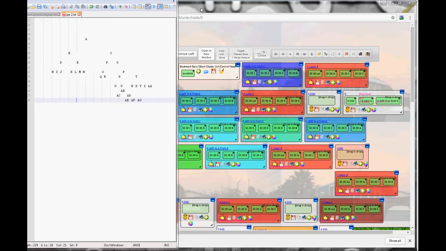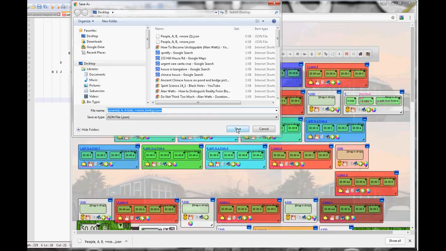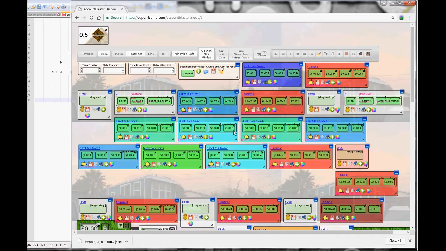I will demonstrate the saving procedure for these transaction thingy-majingers, and that's this button here. It gives you a realistic name, and then just hit save, and you can get back to this.